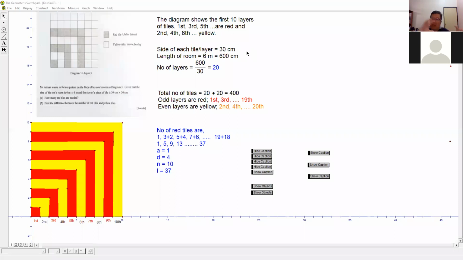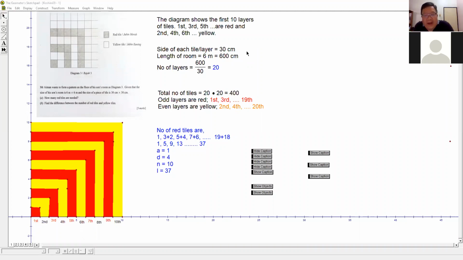Then I know how many tiles are there by the side. So when I divide, I get an answer 20. So there are 20 tiles by this side. So I use another 600, then divide by 30, 30, 30. Then I know they are all together 20 tiles by this side. 20, 20. Okay, so 20 times 20, 400.